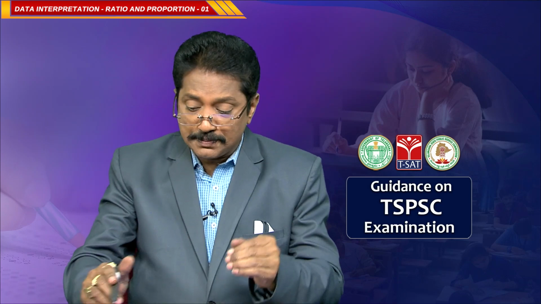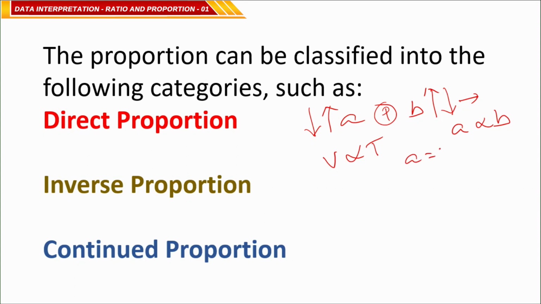When A is proportional to B, we can say A is equal to KB, or A1 is equal to KB1. When A2 is also proportional to B2, you can say A2 is equal to KB2. Then you can say A1 by A2 is equal to B1 by B2.